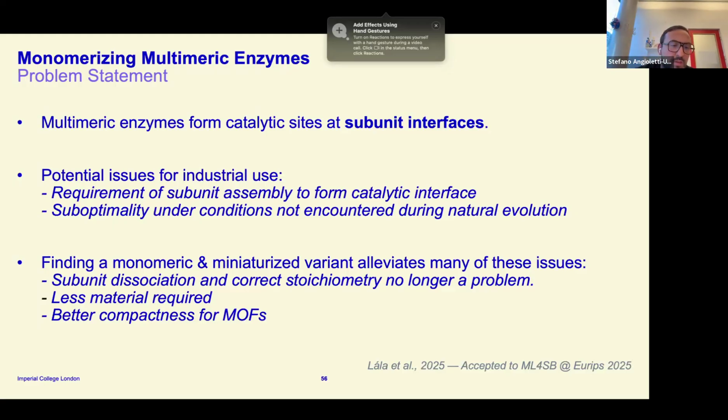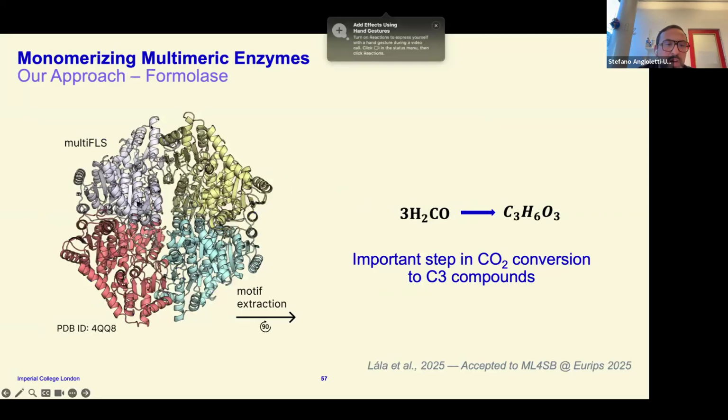Okay. So let me show you how we do it, with a specific example. This is formolase. Formolase is an enzyme that converts aldehyde into a C3 compound. A C3 compound is just a compound with an alkyl chain that contains at least 3 atoms of carbon.